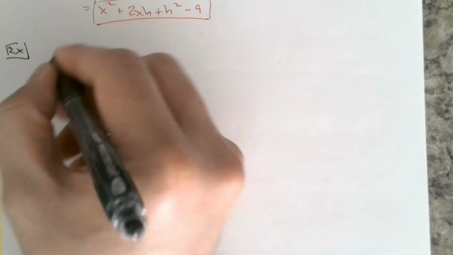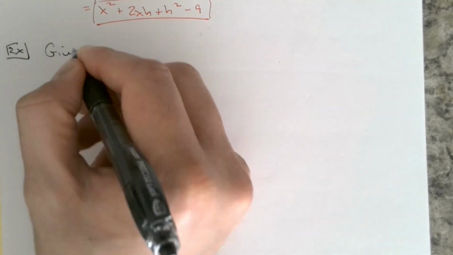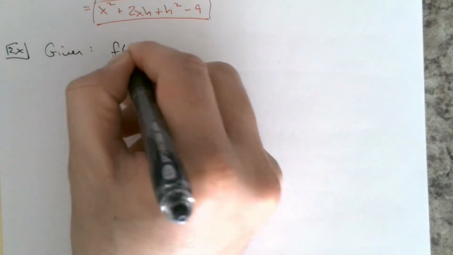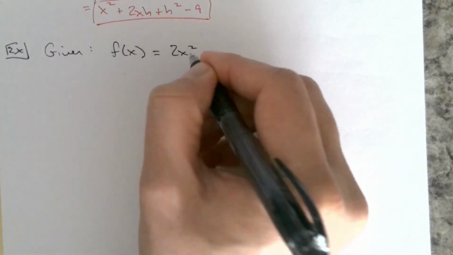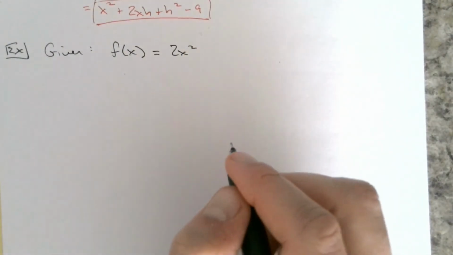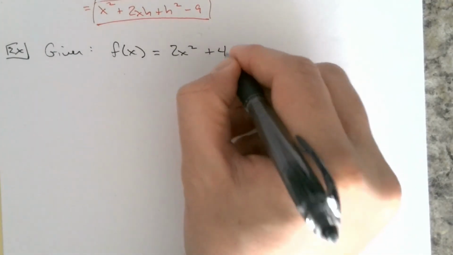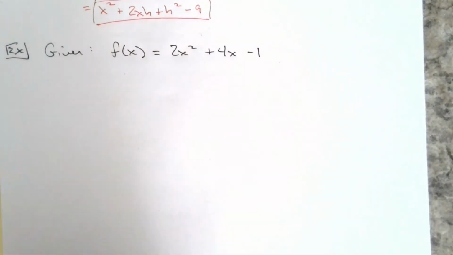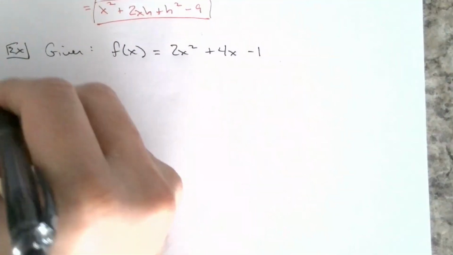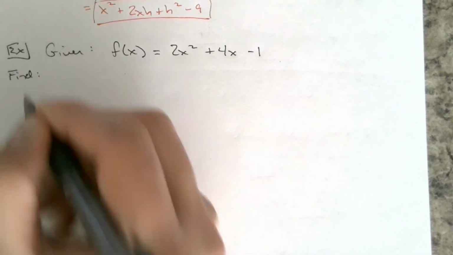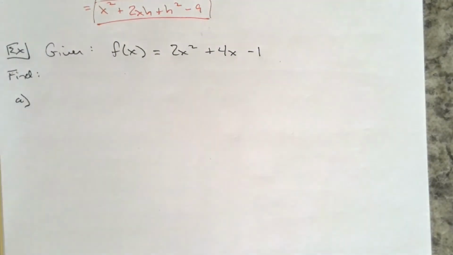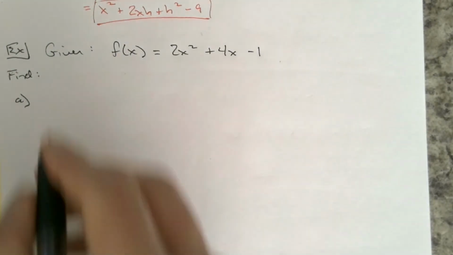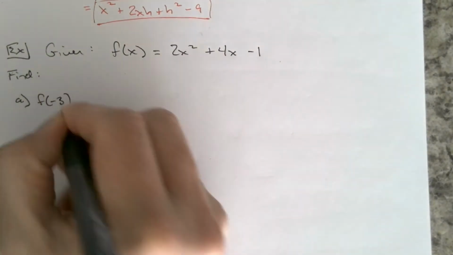But if I said, for example, given f of x equals 2x squared plus 4x minus 1, and we're going to find the following. So the first one we'll look at, I'll say, is f of negative 3.